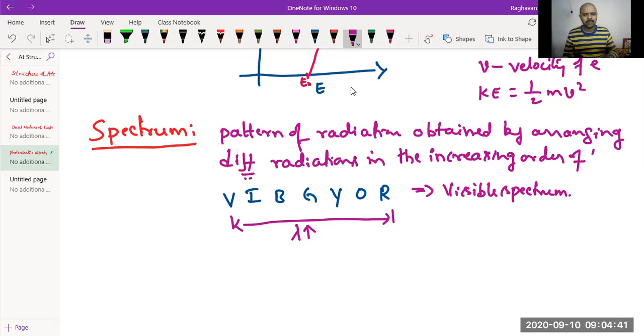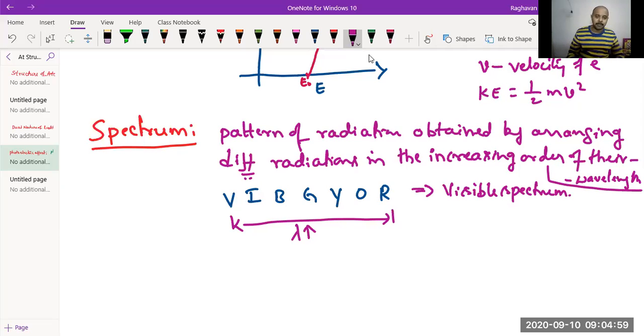Or you can also view it as decreasing order of wavelength, that would not be a problem. There should be a pattern, that's all. Decreasing order of their wavelength. Increasing order. So that is what is spectrum.